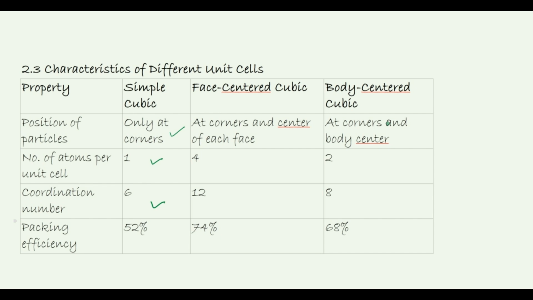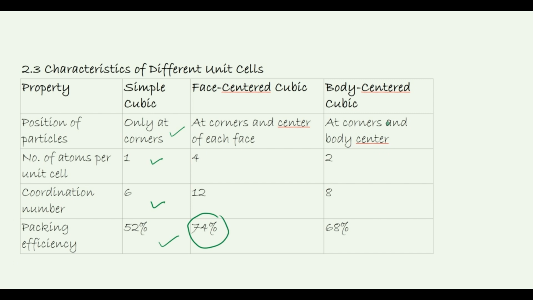And the packing efficiency. Packing efficiency is how much it is packed, how many free spaces are there. So that is 52. And for face centered cubic, at the corners and the center of each face. So the number of atoms per unit cell becomes 4, and the coordination number becomes 12. Then packing efficiency is 74.